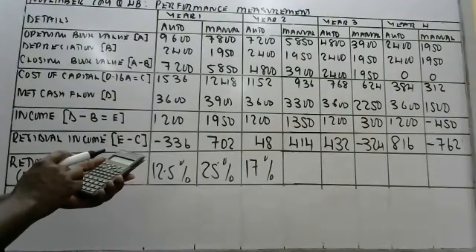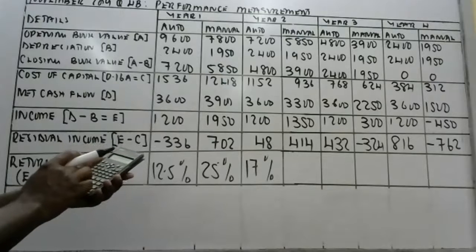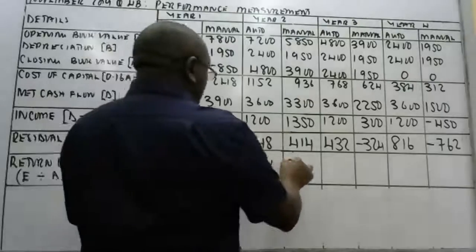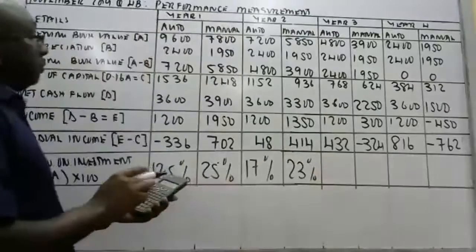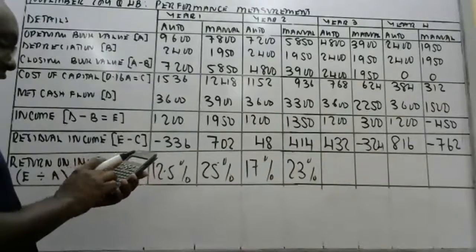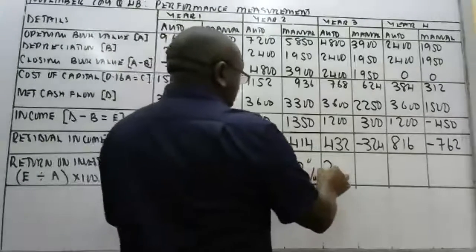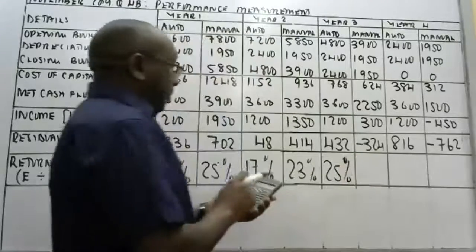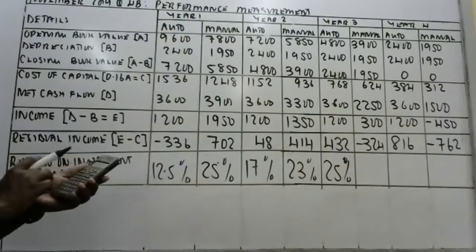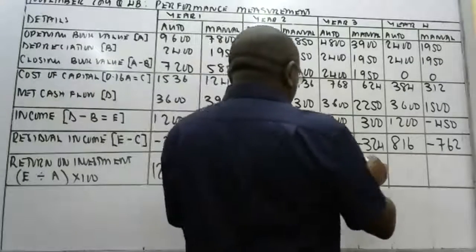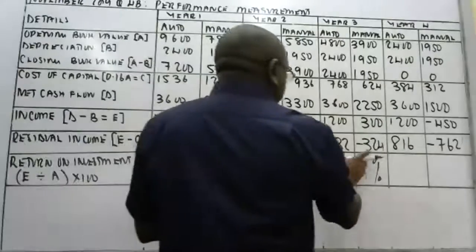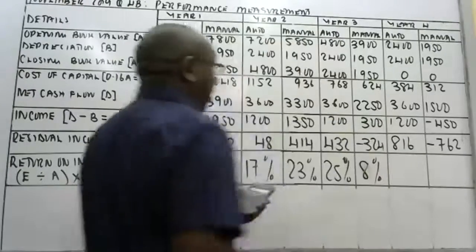Then 1350 divided by 5850 times 100, let me call it 23%. Then 1200 divided by 4800 times 100 is 25%. 300 divided by 3900 times 100, let me call it 7%. Then 8%, going by the roundings.